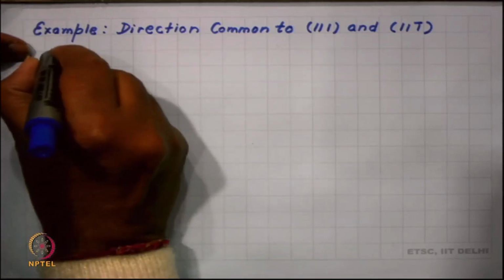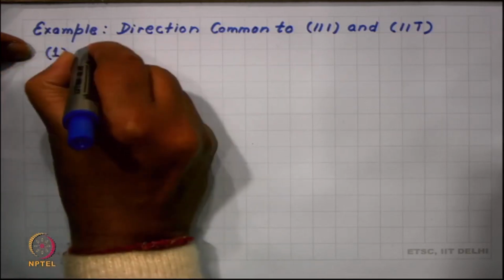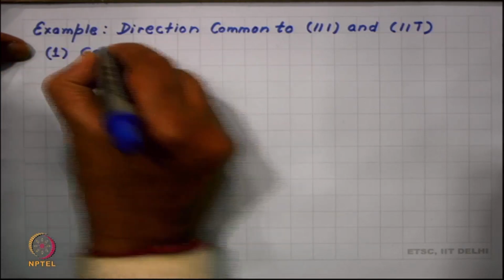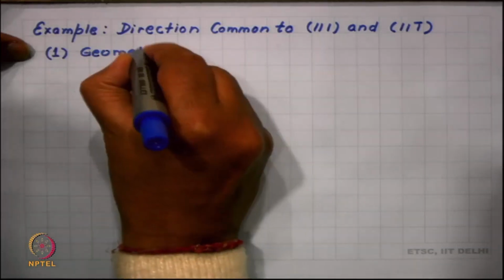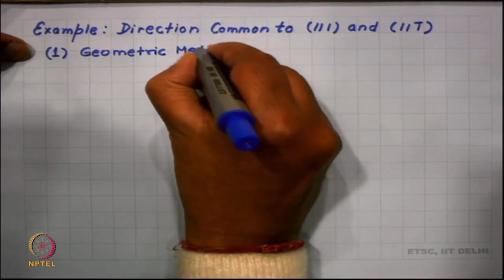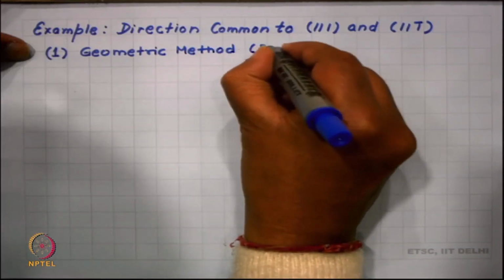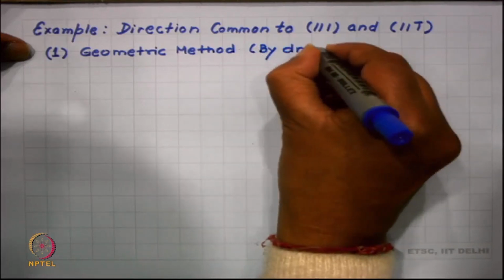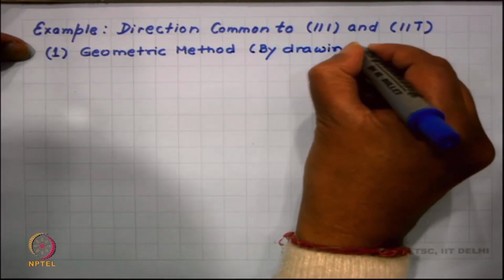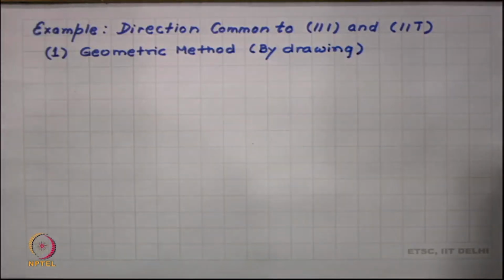The first will be the geometric method, that is by actual drawing, and the second will be the algebraic method by use of Weiss Zone law.